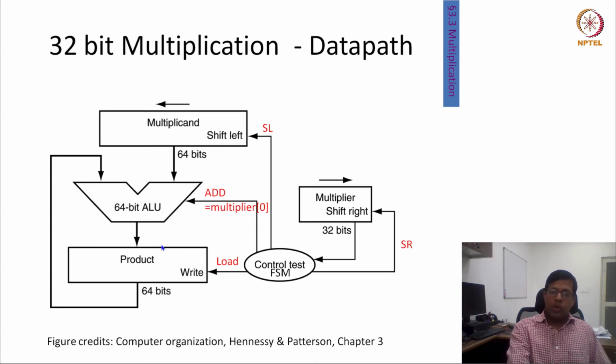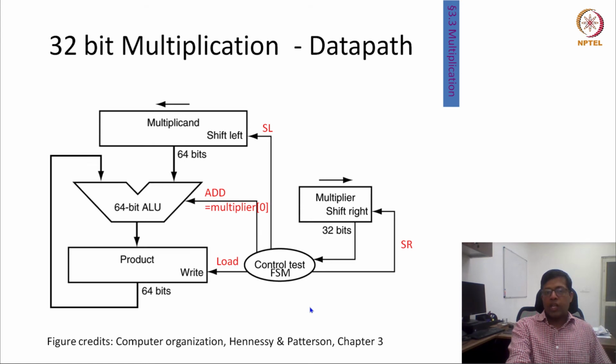What you will observe here is that in the first cycle, the left half of this multiplicand is empty, it's 0. And similarly, for the 0th cycle, these initial 32 bits are all empty, so they are not used. So can we somehow utilize this, and can we do something better?